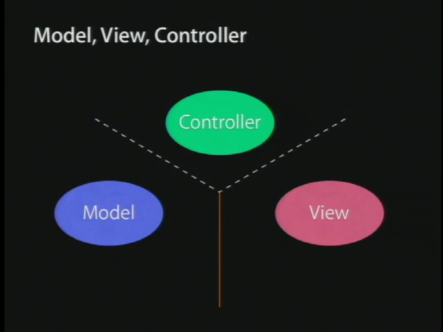Model view controller basically says that there are 3 distinct responsibilities for your application. The view, which is what you present to the user. The model, which is the storage of data or the representation of data inside your app. And then there's this third thing up here called a controller.